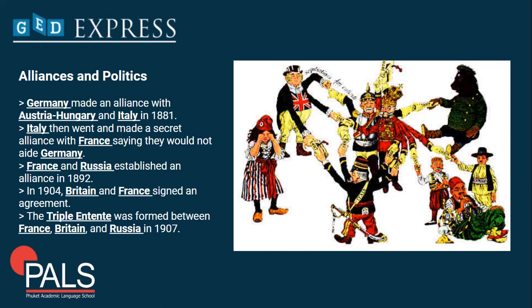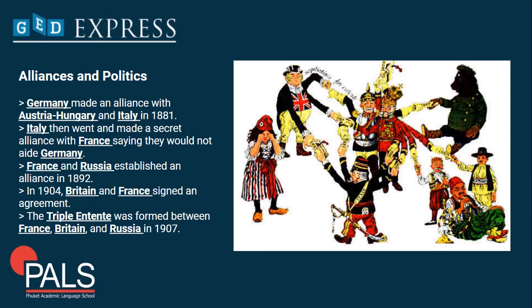However, this is the sneaky move that Italy made. Italy then went and made a secret alliance with France, saying they would not aid Germany. And in response to Germany's alliances, France and Russia established an alliance in 1892.